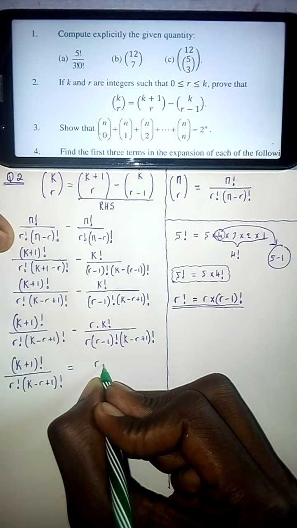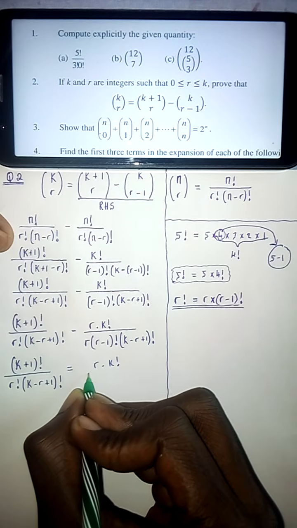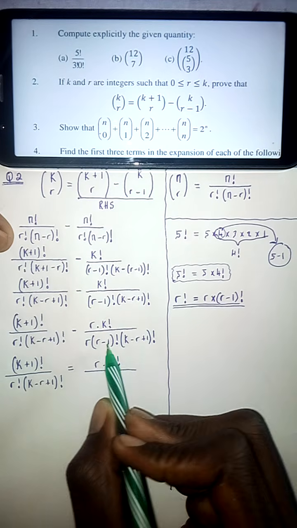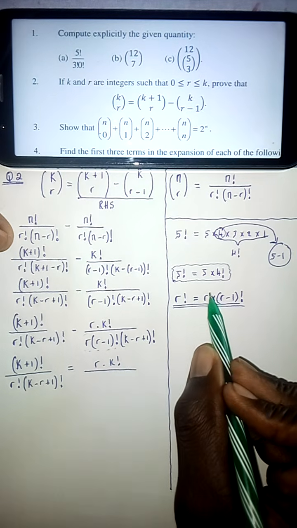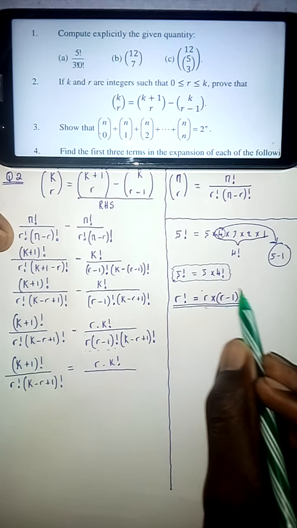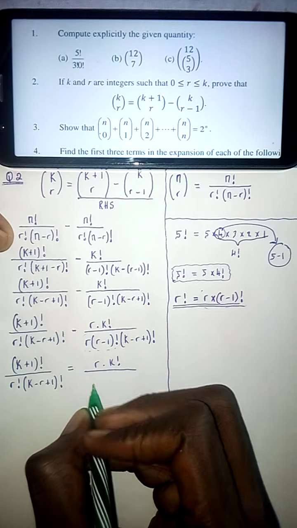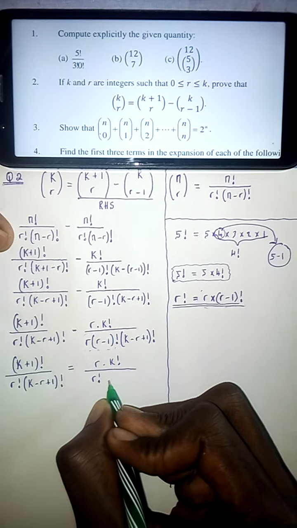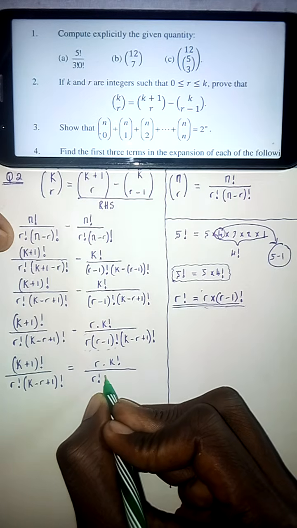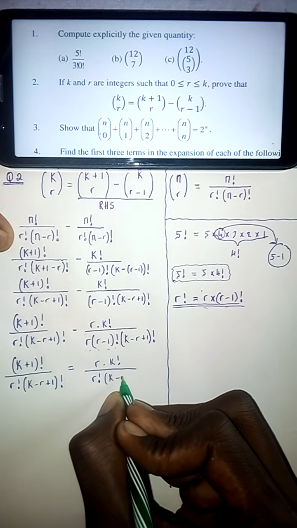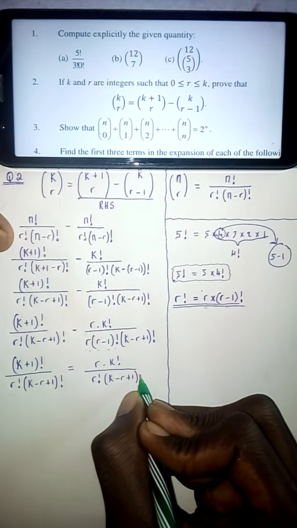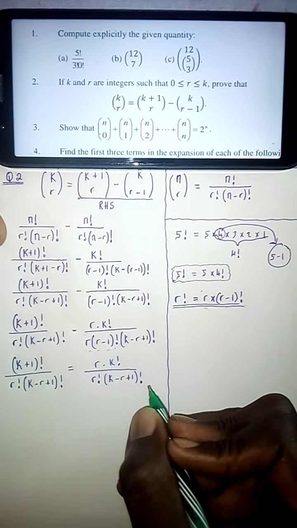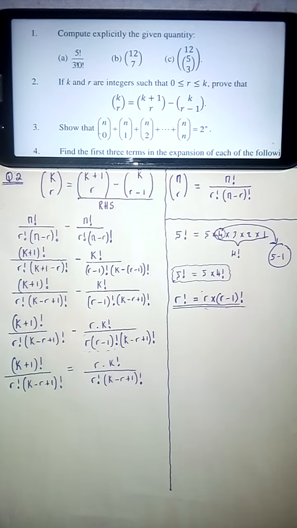Hope you are able to see that this part is the same as this one. So where there is this part, we're going to replace it with r factorial. So we're going to have r factorial, then k minus r plus 1 factorial. Are we together, guys?